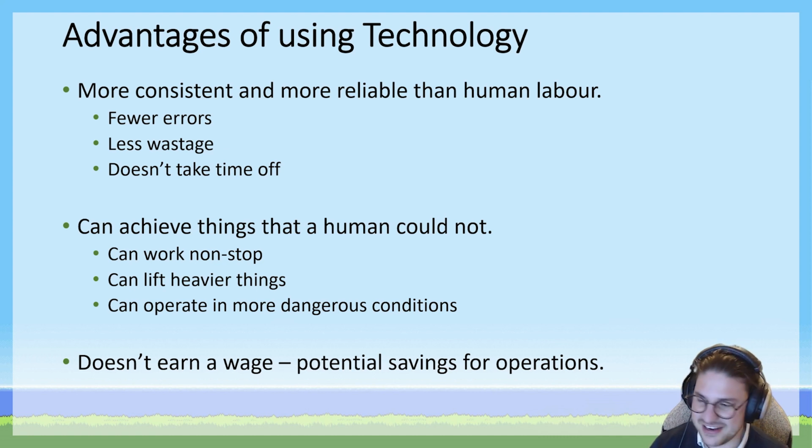Certainly, robotics, AI, automation is capable of things that humans are typically not capable of in many ways. From working non-stop to lifting heavier things or working in more dangerous conditions than humans. The capability of AI to work on problems without ever getting bored.